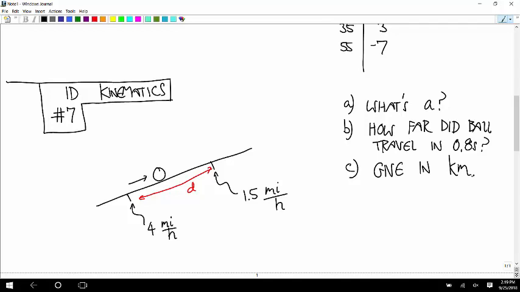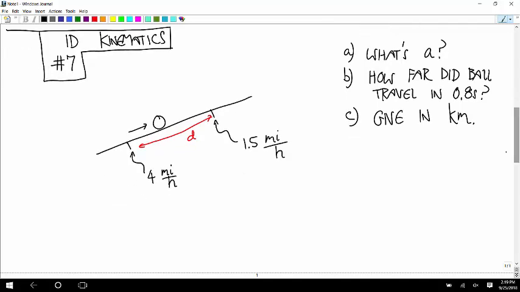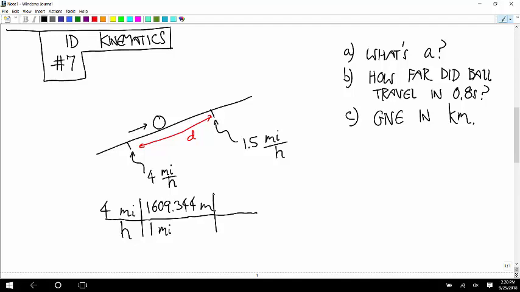We have some time units of hours, some time units of seconds. So I'm just going to start out by converting everything to SI units. So 4 miles per hour. 1 mile is 1,609.344 meters. 1 hour is 3,600 seconds.